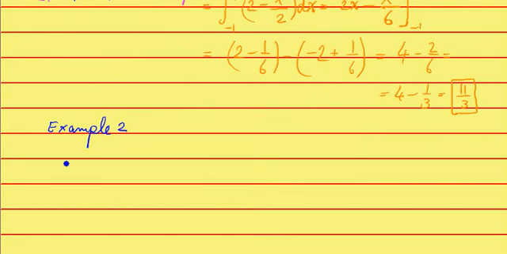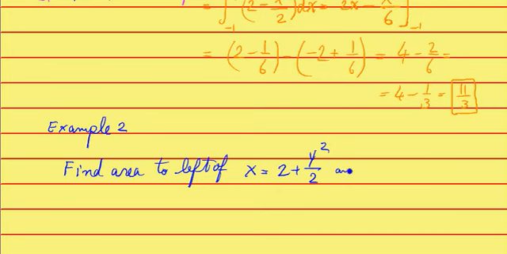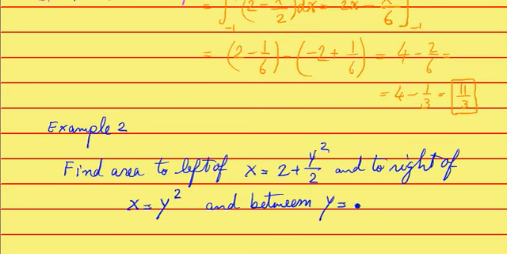Example 2: find the area to the left of x equal to 2 plus y squared over 2, and to the right of x equal to y squared, between y equal to say minus 1 and y equals 1.